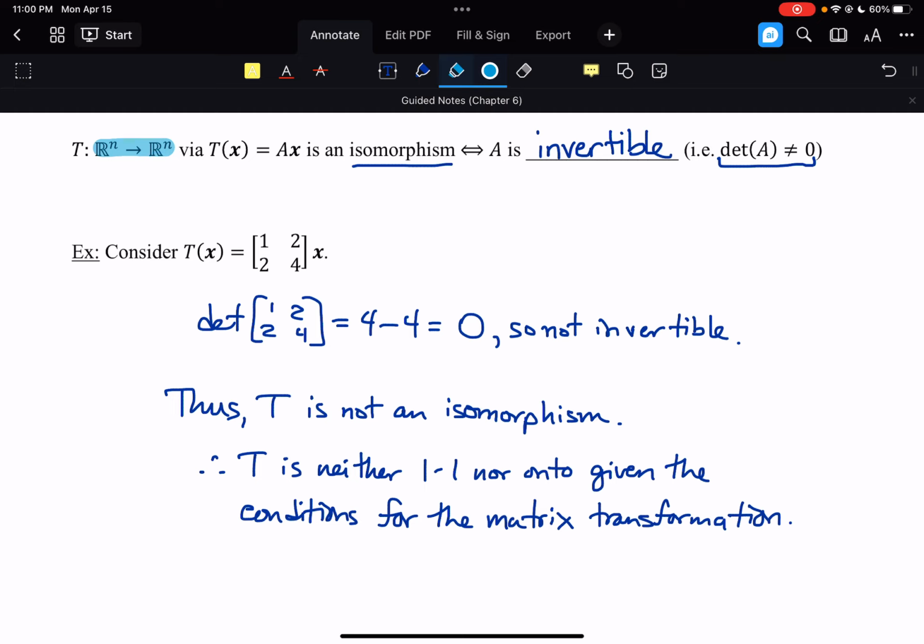And that gives us, it's not both, so it has to be neither. So this is the kind of situation where we could make that neither claim, as long as the dimension of the input vector space and the output vector space are the same. And that brings us to the end of section 6.4 and to the end of chapter 6.